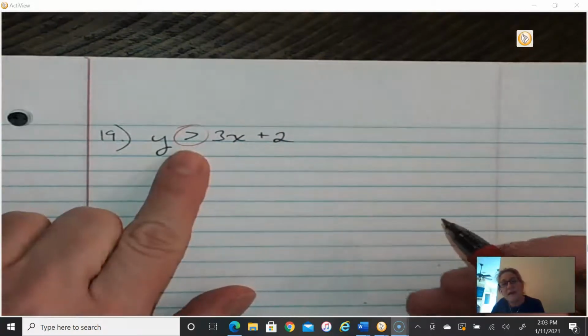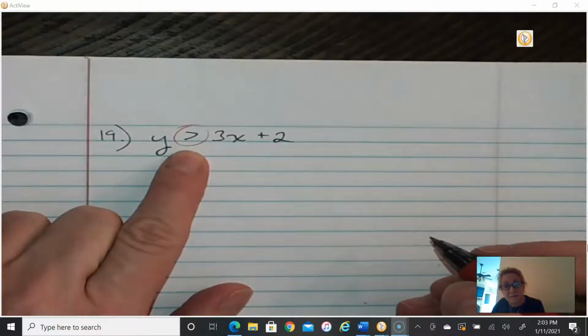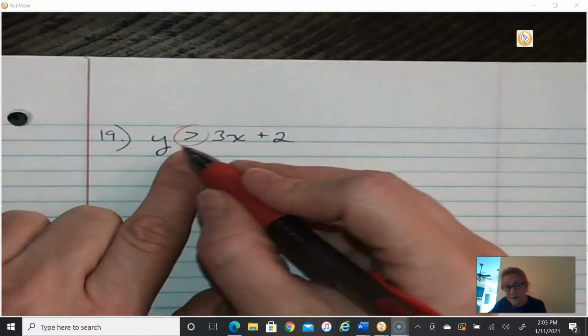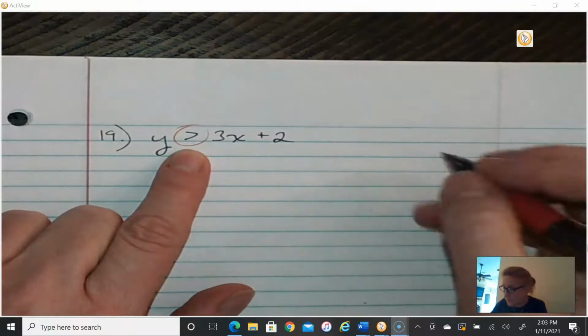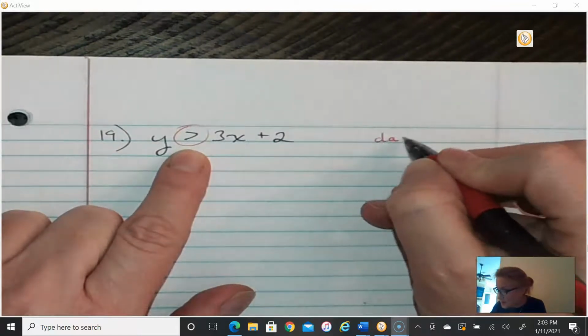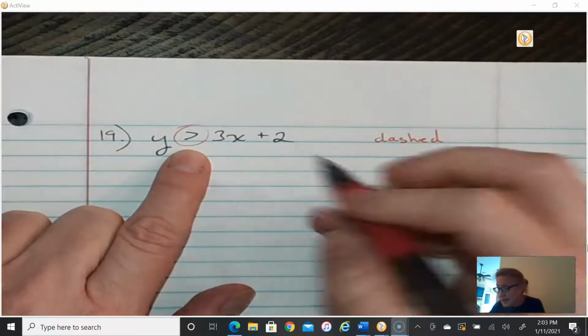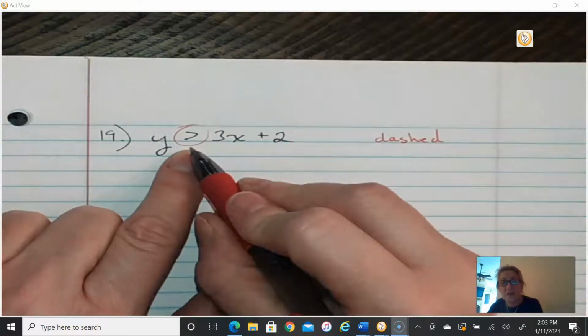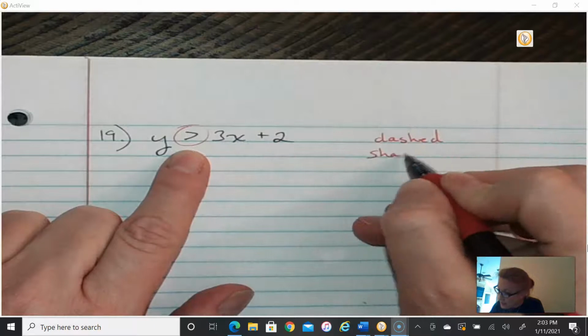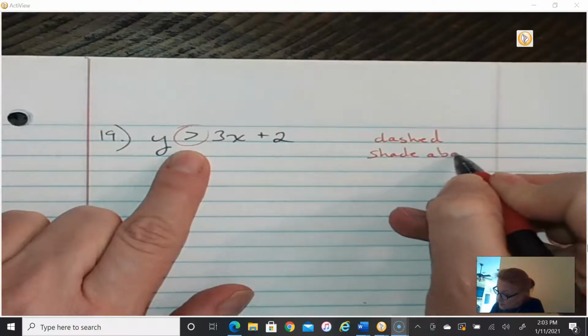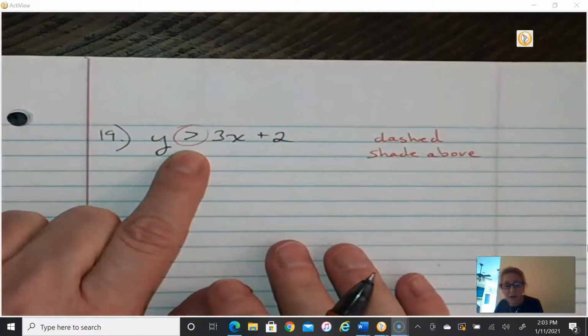First of all, is it solid or dashed? It is dashed because it's not an equal to, so it's just dashed. And it's greater than, so we're going to shade above or below? Shade above.